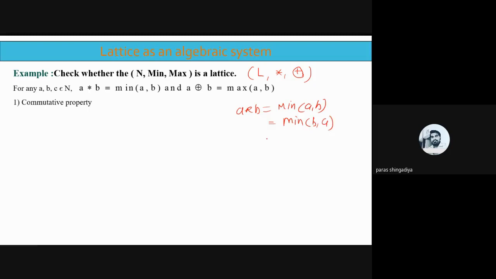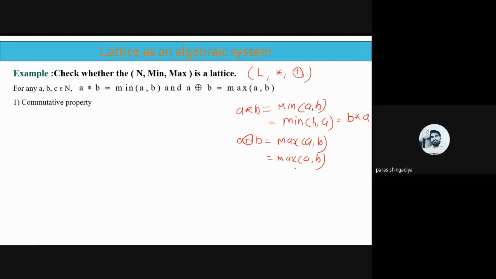Clear? And that is equal to B star A. If A star B is defined as the minimum of A, B, then the minimum of B, A can be defined as B star A, and that is required. Clear? Then A ring sum B means the maximum of A comma B, and that is the same as the maximum of B comma A. For example, if you consider 3 and 6, the maximum of 3, 6 is 6, and if we interchange the numbers, the maximum of 6, 3 is also 6.